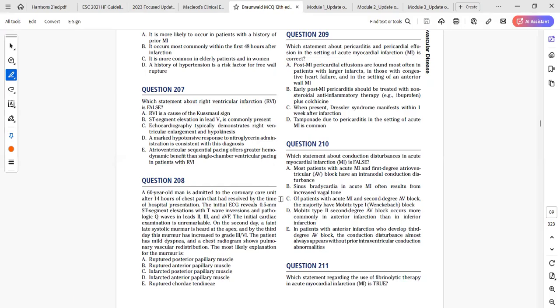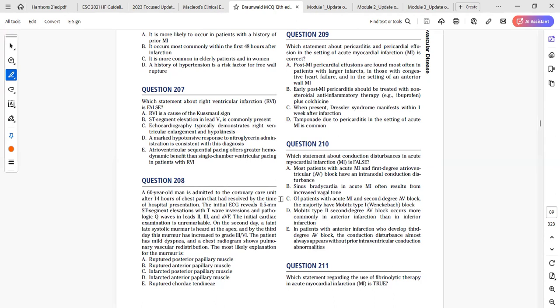So those statements, C and D, are true statements. Then option B, sinus bradycardia in acute myocardial infarction often results from increased vagal tone. There is usually an increased vagal tone after the acute onset of a myocardial infarction that can make the patient have sinus bradycardia, apart from affectation of the AV node. This B is also a true statement. So B, C, D are true statements.